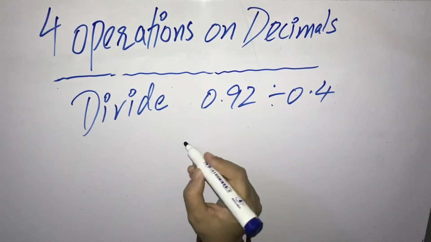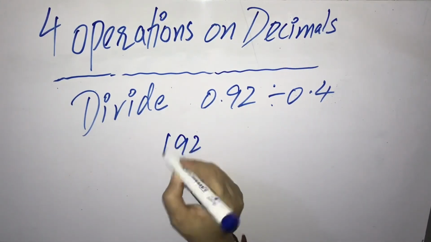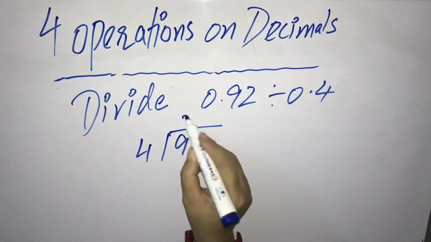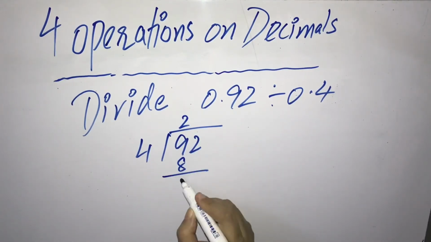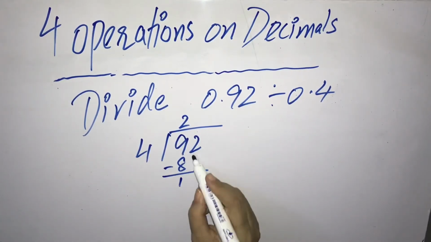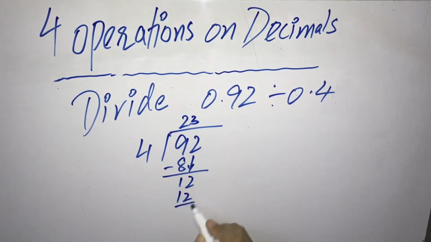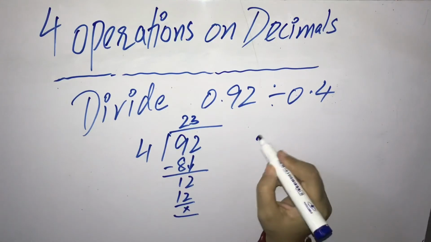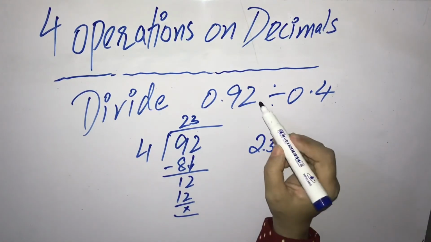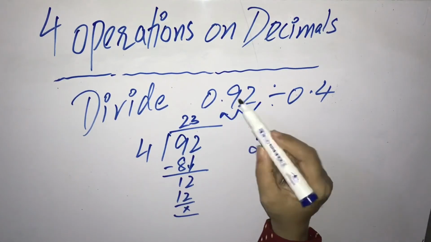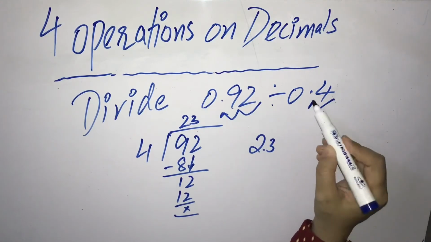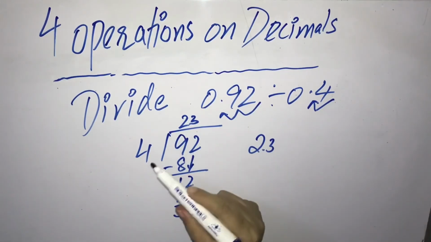The other method: I shall divide 92 by 4. 4 2s are 8, 1 left, 12 here, 4 3s are 12. I shall write 2.3. Now here there are 2 decimal places in the numerator and 1 decimal place in the divisor.